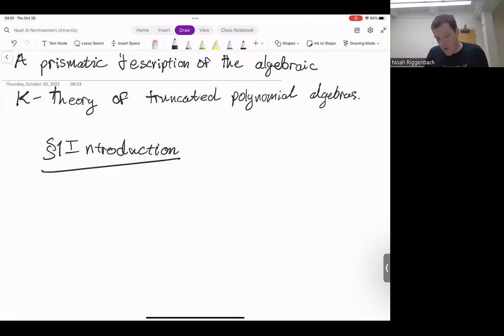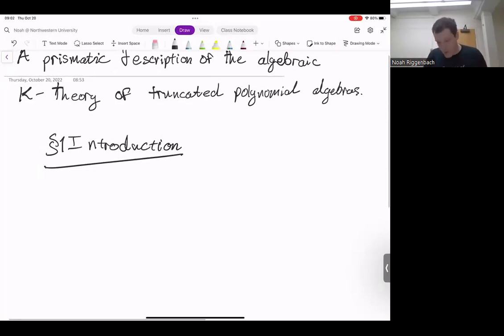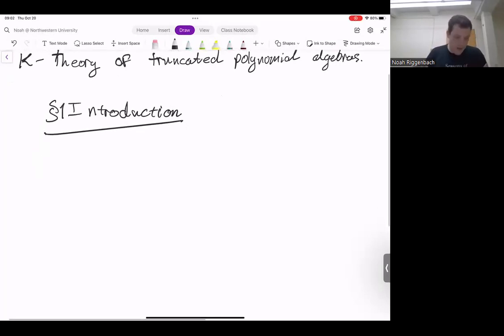The first thing to answer is, what is algebraic K-theory? What is this K-theory object? Unfortunately, that's a whole can of worms. I won't have time to go into exactly what it is, but let me give you the idea. So K-theory, what is it?